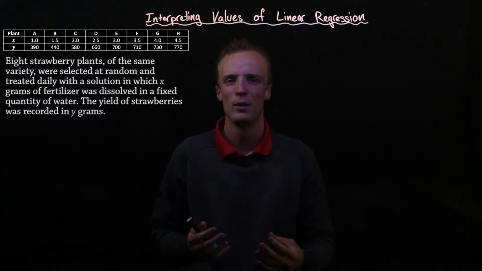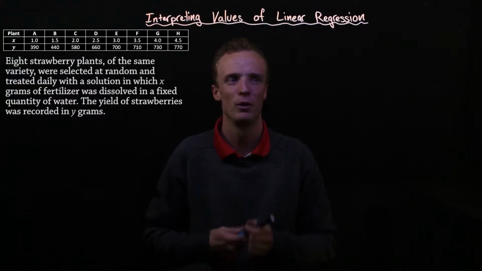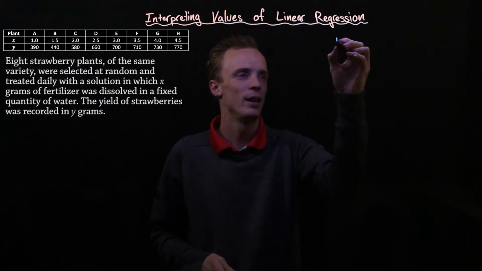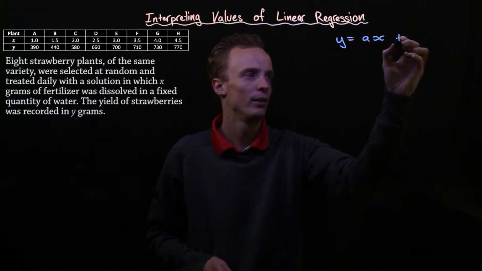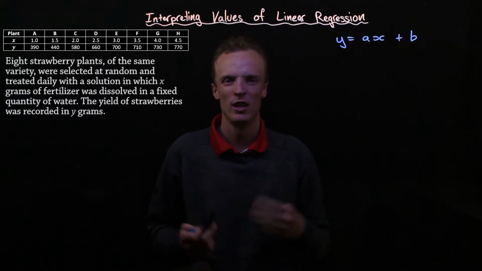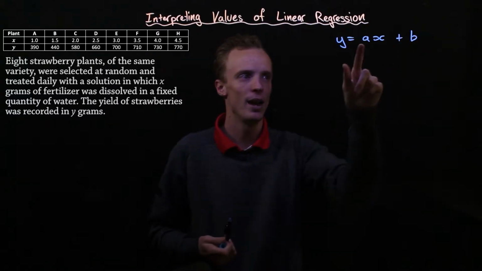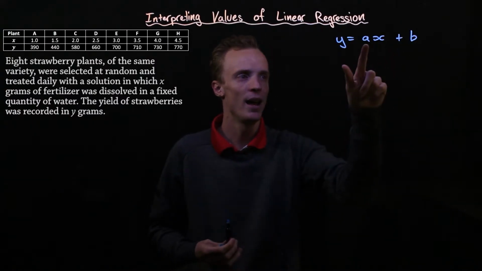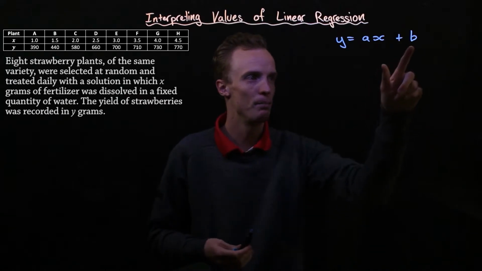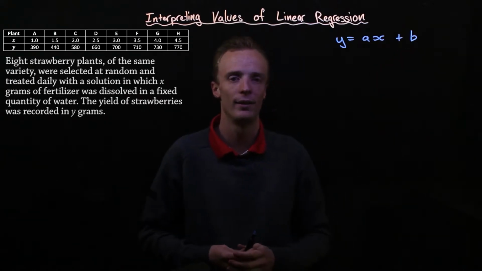So from that video, we found that all linear regression models can be represented in the format of y equals ax plus b, which is also the same as y equals mx plus c, for those that have seen it that way, where a represents our slope and b represents our y-intercept.